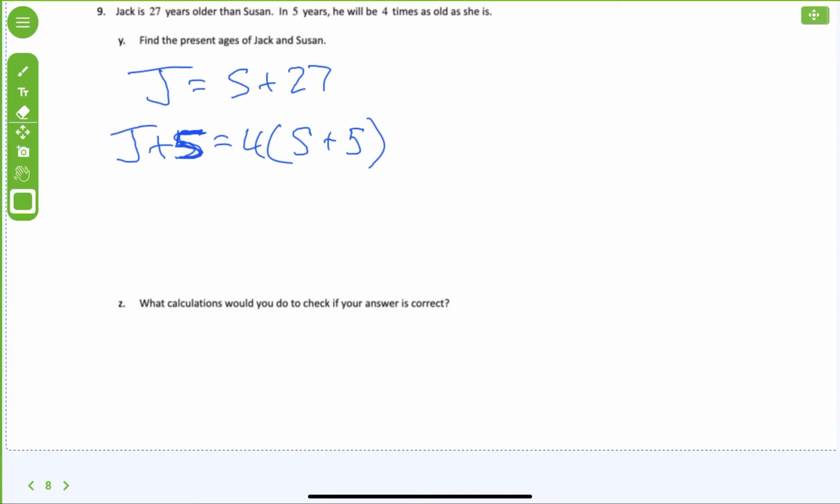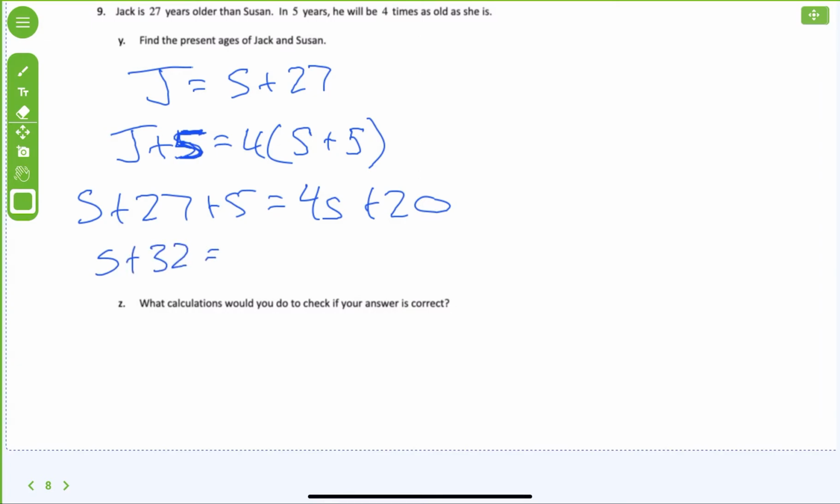We know what J is. J is S plus 27 plus 5 is equal to 4S plus 20. All right, so now all we got to do is solve. Susan plus 32 is equal to 4S plus 20.